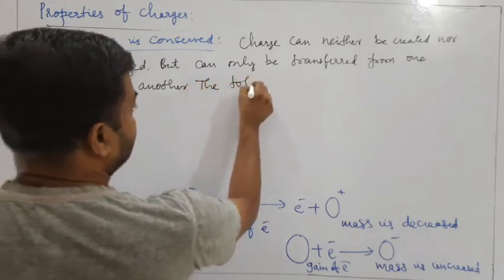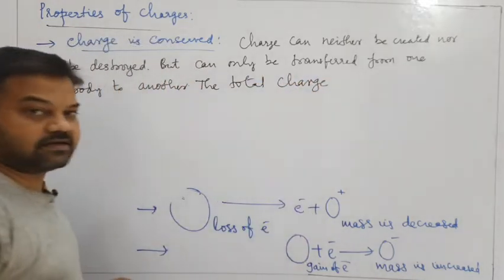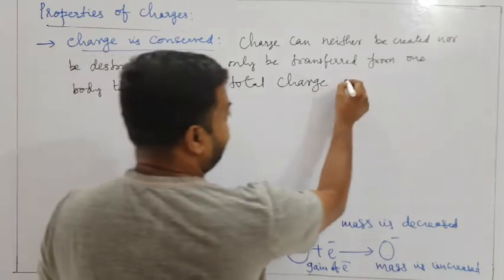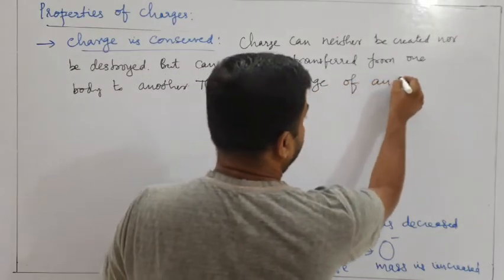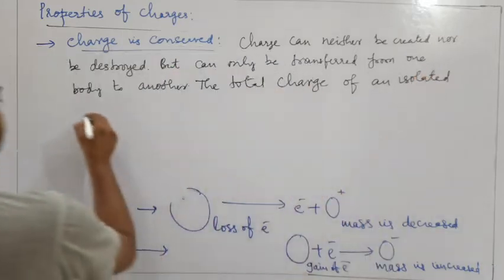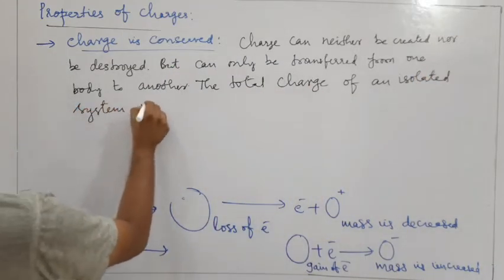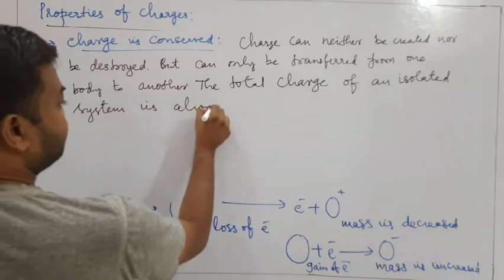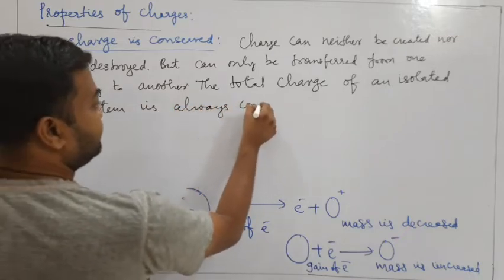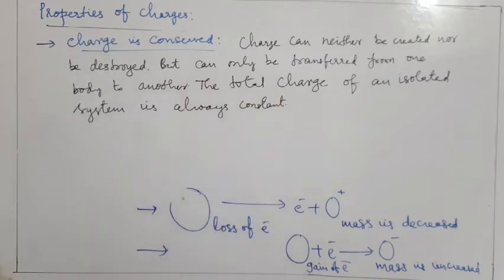The total charge of an isolated system is always constant. Okay, this is what we have observed here.